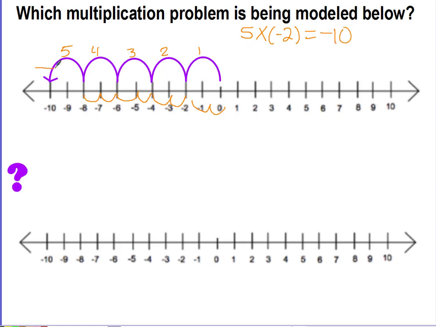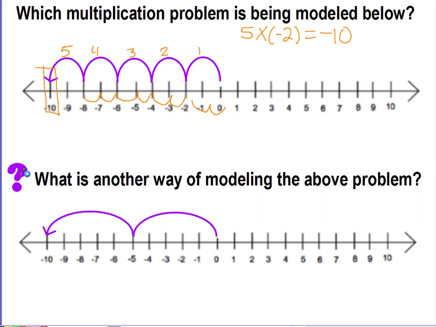And we can confirm that with our number line here. Okay, so we can also model it a different way. Here I have 2 groups. Each group contains -1, -2, -3, -4, -5.